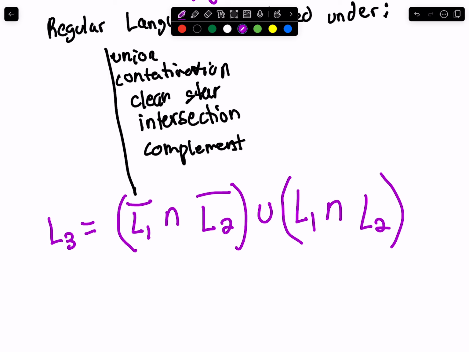So now we claim that L3 is regular. Why? If L1 is regular, its complement is regular. If L2 is regular, its complement is regular. If you take two regular languages, their intersection is regular. We know that L1 is regular and L2 is regular, therefore their intersection is regular. If you take the union of these two regular languages, it's also regular.